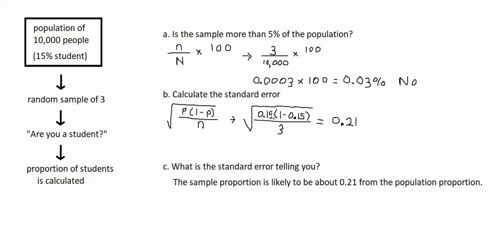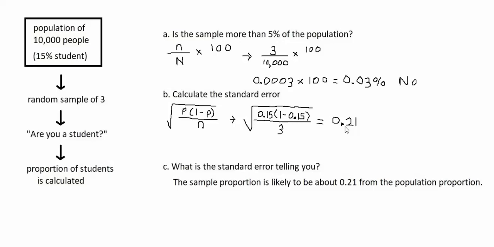So 0.15 times 1 minus 0.15 over 3, which is our little n sample size. It's provided over here. So it's going to be 1 minus 0.15, which is 0.85. 0.85 times 0.15. Once you get that answer, divide by 3. Then finally get the square root, and you have your standard error.